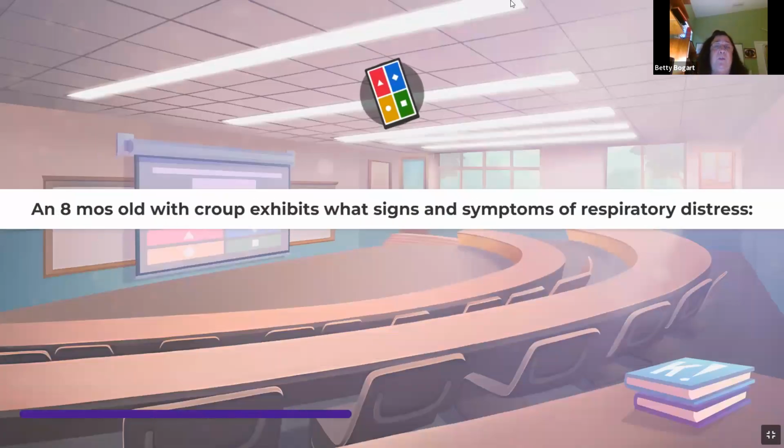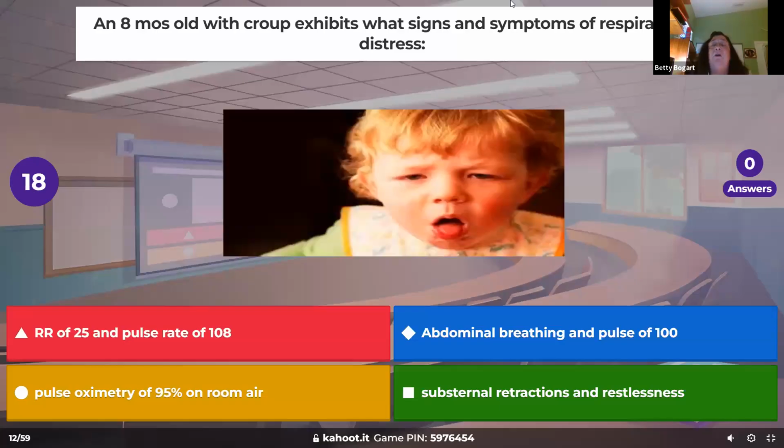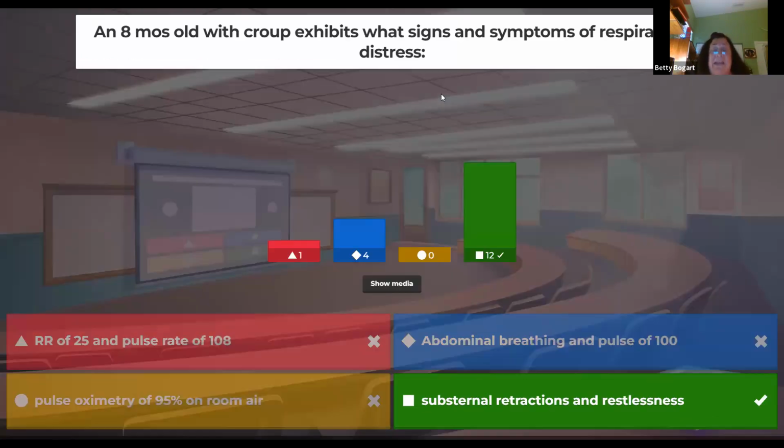An 8-month-old with croup exhibits what signs and symptoms of respiratory distress? Now, croup is that inflammation of the oropharynx. You have profound inspiratory stridor because it's all inflamed.